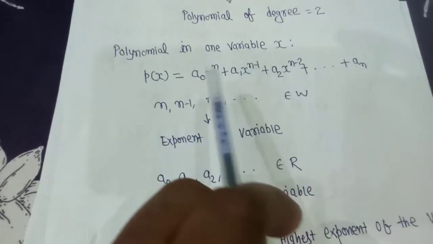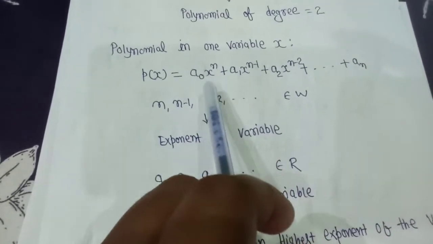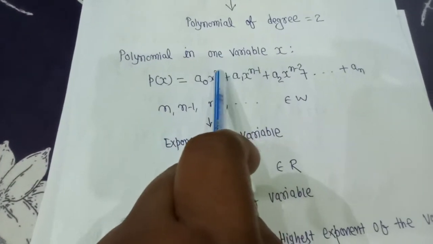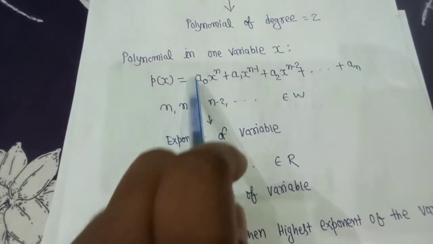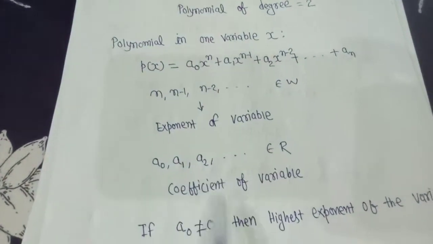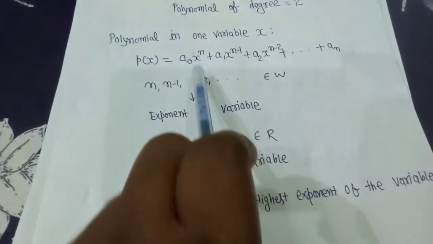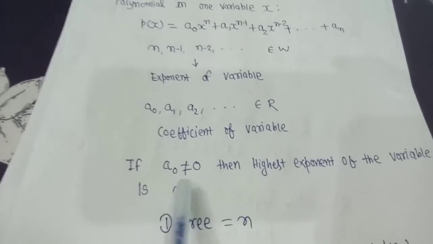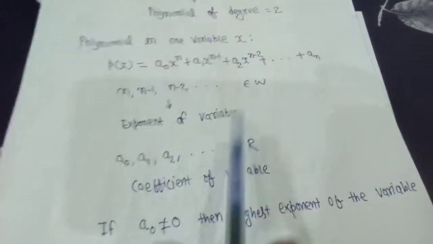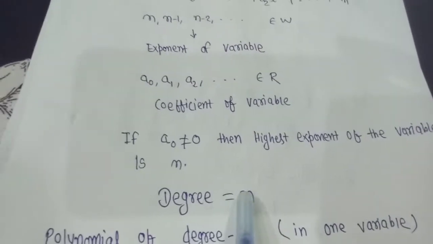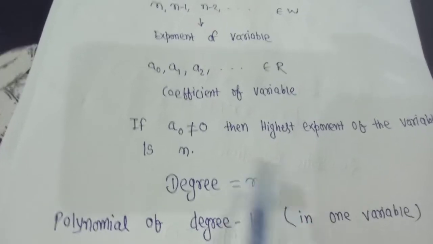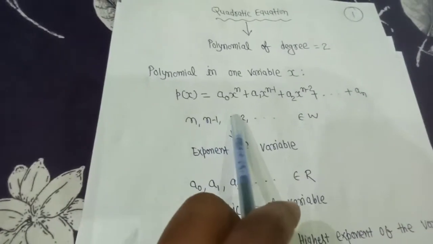So the highest exponent of the variable is n, the polynomial is of degree n, and the degree of the polynomial is n. So this is the general form of the polynomial.